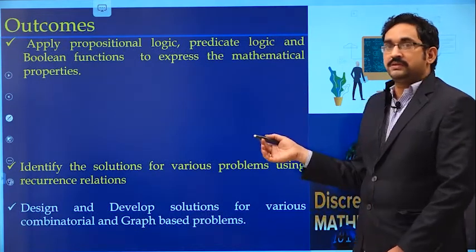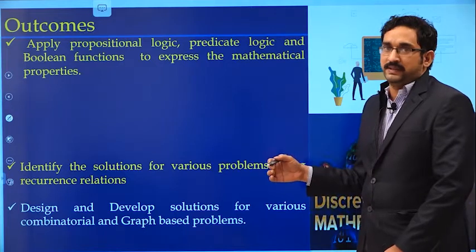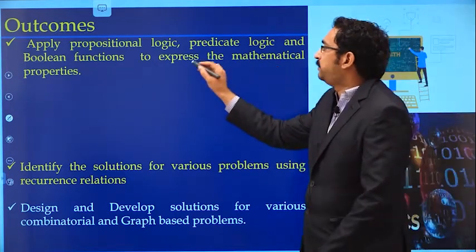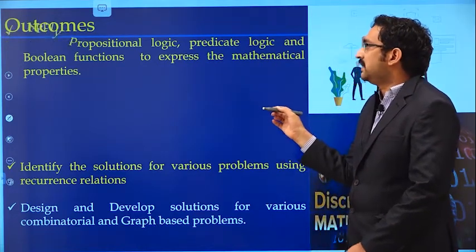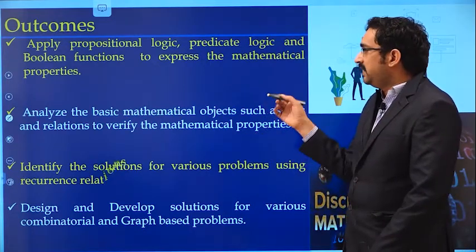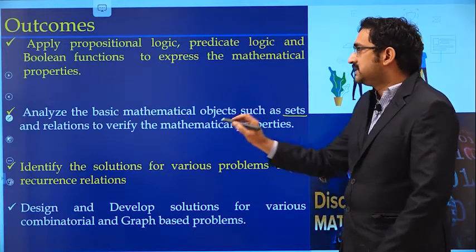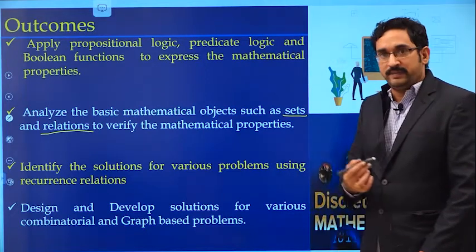Next, outcomes. What outcomes are we expecting from students after learning DMS? The first one is students should be able to apply propositional logic, predicates and Boolean functions to express mathematical properties. Next, they will be able to analyze basic mathematical objects such as sets and relations to verify mathematical properties.